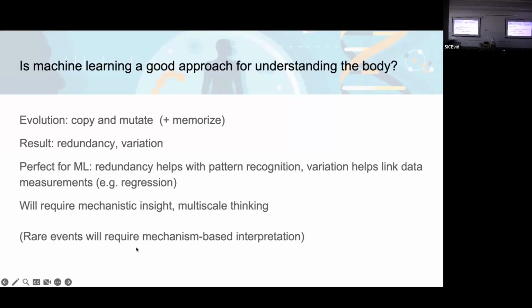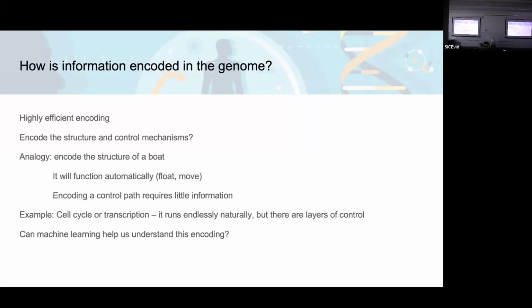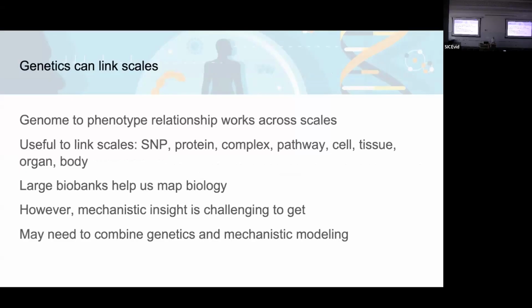You could argue some philosophy around that, but regardless, I think we want to have a requirement be that we maintain mechanistic understanding. And we also need to think about multi-scale systems, which are typically not thought about in machine learning. I'm going to skip this slide, but if people are interested in talking about the theory of how information might be encoded in the genome, I can come back to it.